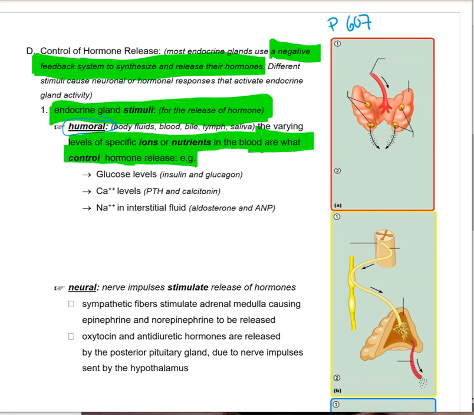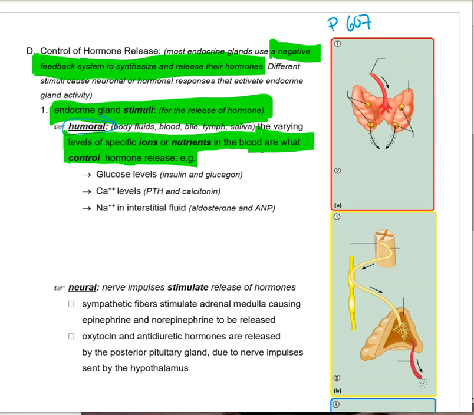So think of a couple things that you might already know that might do that. Glucose levels. If your blood sugar is high or low, we might release hormones like insulin and glucagon. Calcium levels. If calcium's high or low, we often will uptake extra calcium in our bones, or if it's low, we'll release calcium from our bones. So PTH and calcitonin do those things.